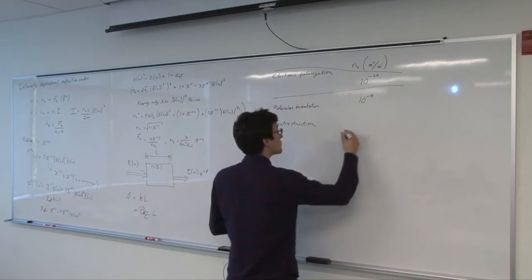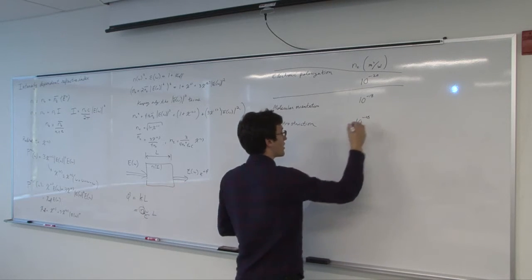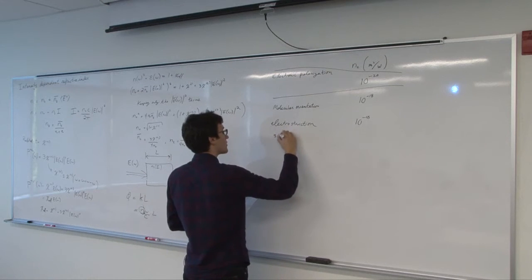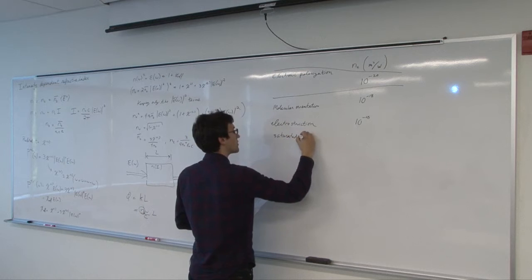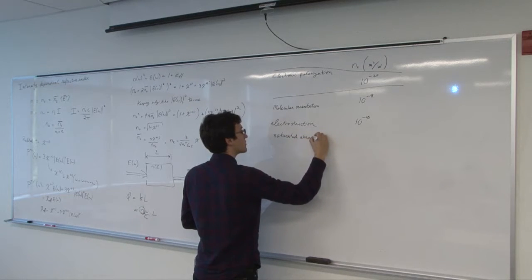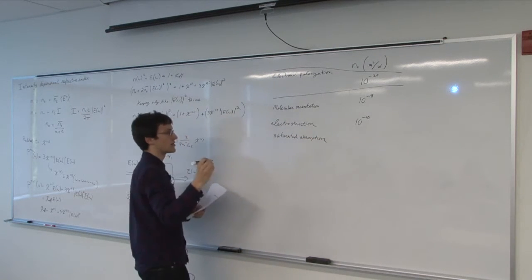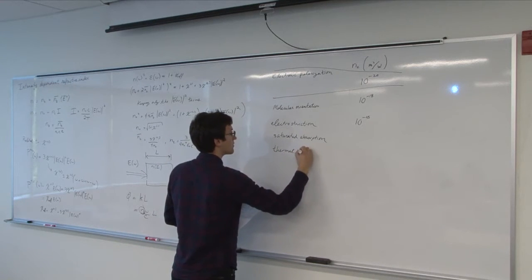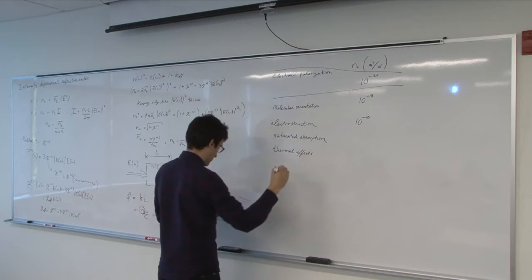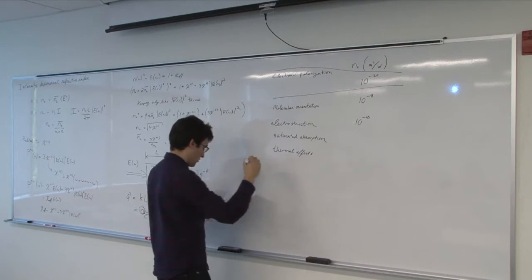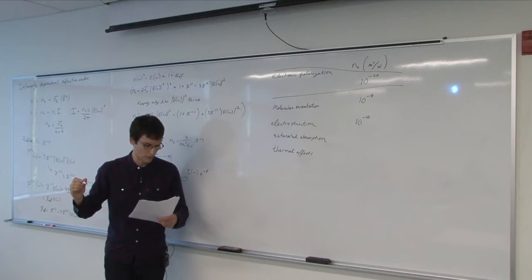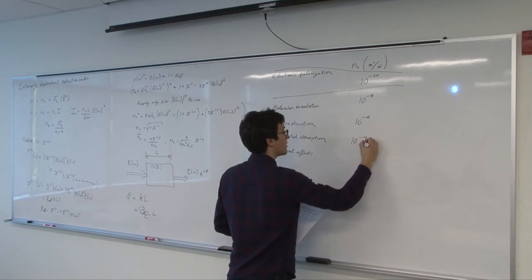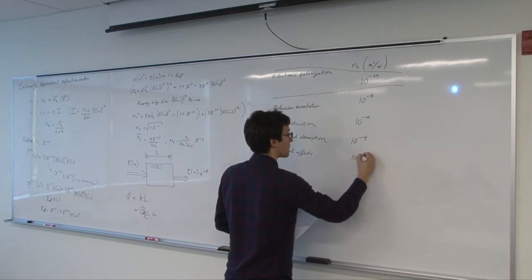And so the order of magnitude is again 10 to the minus 18. Then you have saturated absorption. Pretty self-explanatory. Thermal effects. And photorefractive effect that is not really relevant for the purpose of this class. And so here 10 to the minus 14 and 10 to the minus 10.